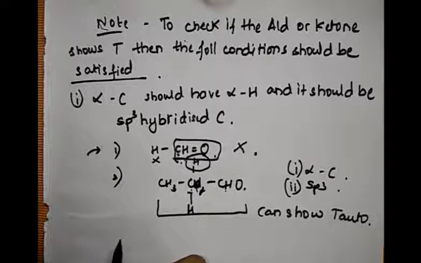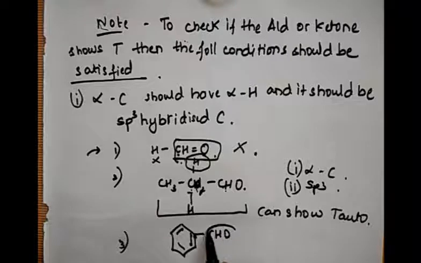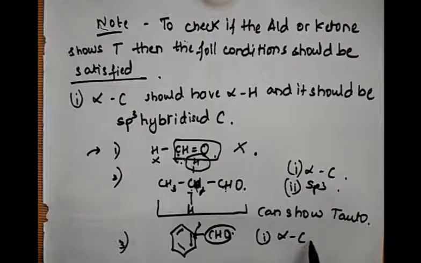Now coming to the third one, this one here, CHO, this is the aldehyde group and this is the alpha carbon. The first condition, that is the alpha carbon, is satisfied.